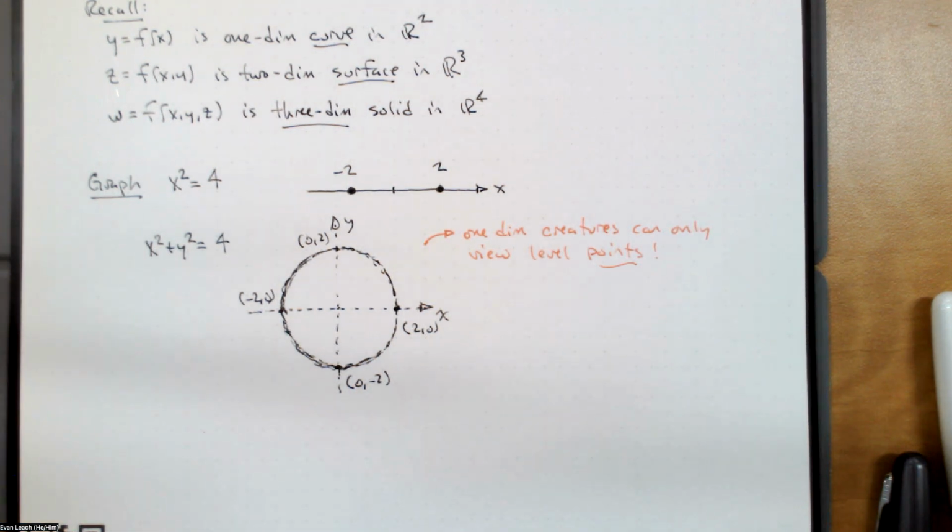They can't view this one-dimensional curve in two-dimensional space. They don't have two-dimensional space. They can only picture it in level curves, or sorry, level points. So they have to pick certain values of y and imagine what the picture looks like.